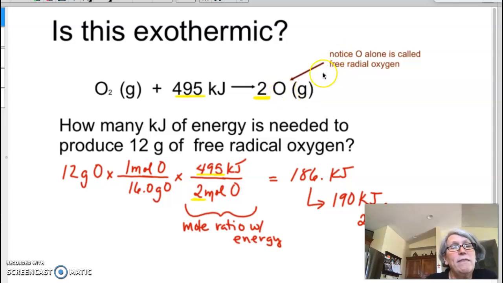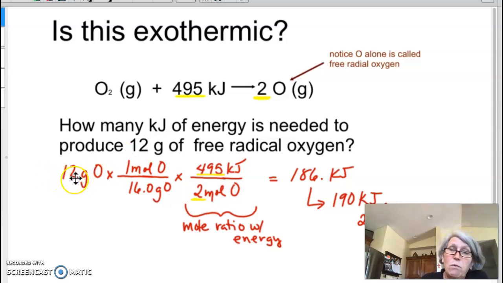This is very unusual. They're not as common as you think. Most of the time oxygen is diatomic, but you can break it up and make a free radical oxygen, and it takes 495 kilojoules of energy to do that. So here is my question. How many kilojoules of energy is needed to produce 12 grams of free radical oxygen?